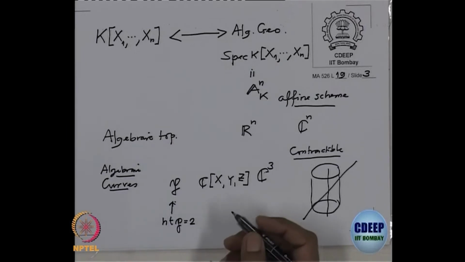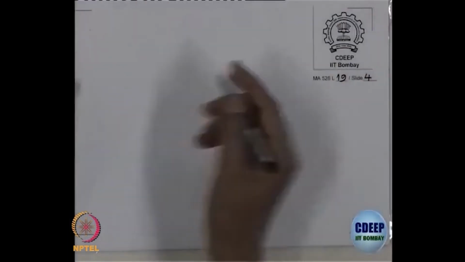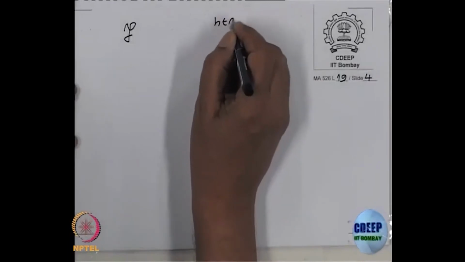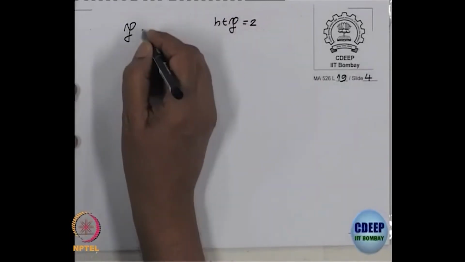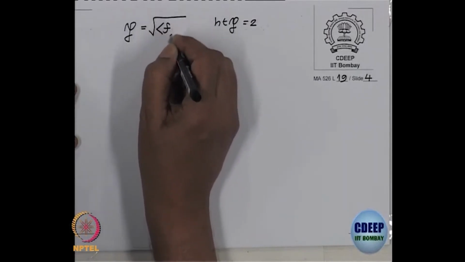That means the question is translated into algebra: given a prime ideal P of height 2, is P the radical of an ideal generated by 2 elements?